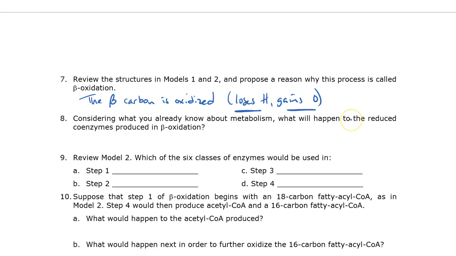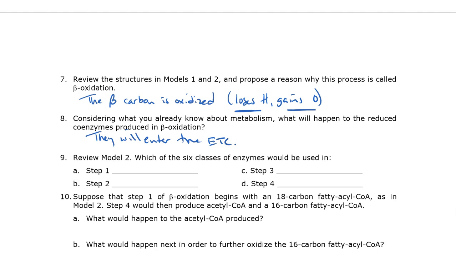So we're producing these reduced cofactors or coenzymes, NADH and FADH2. What do you think will happen to those? Write a hypothesis here in number 8. Pause and write your answer. So did you say this? They'll enter the electron transport chain? They're already in the right place, yes?